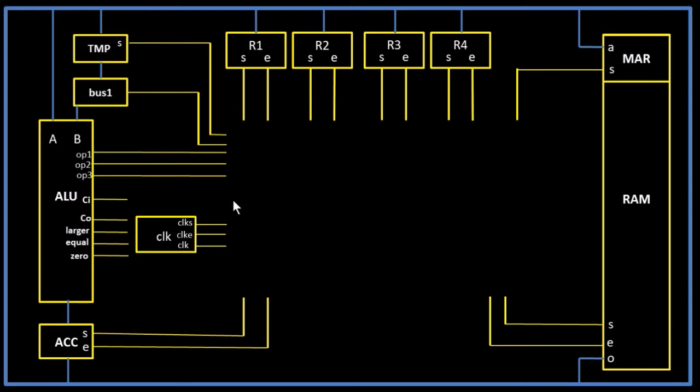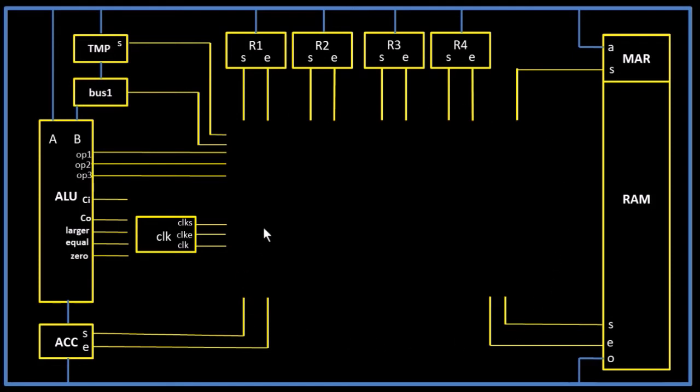So that's pretty much everything that we need for our CPU. But the question is, how do we control all these sets and enables, and also the opcodes here in this set point here, and also the input from the bus? Where does all this go to?